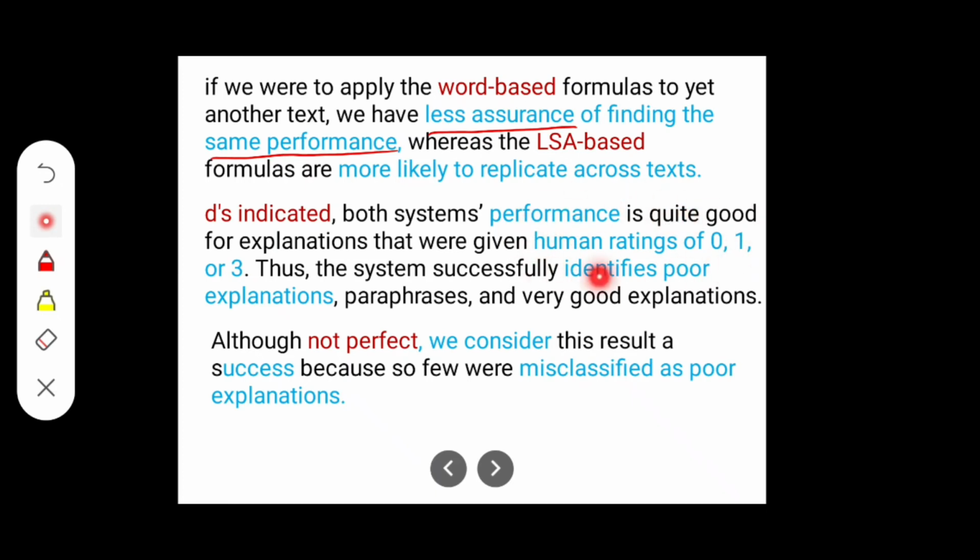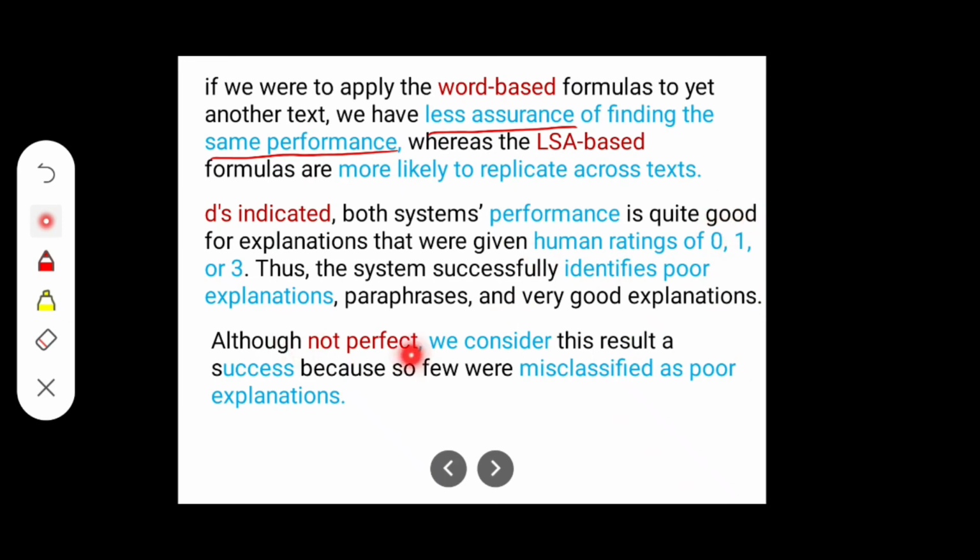Here also the same thing, by the human ratings it is going to measure the performance whether it is good or not. And also it is going to identify whether it is a poor explanation or poor paraphrase, or a very good explanation. If it is 5 star, it means it is a very good explanation or the product is good.